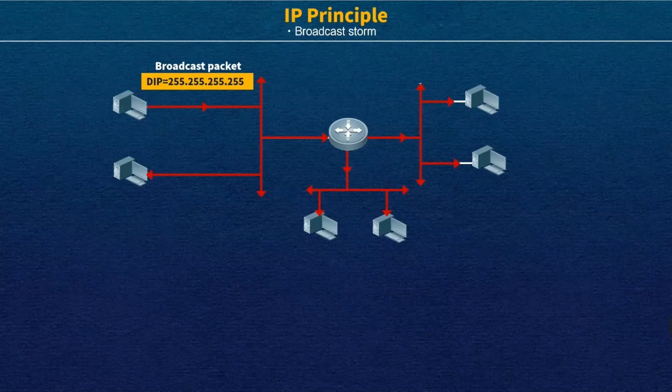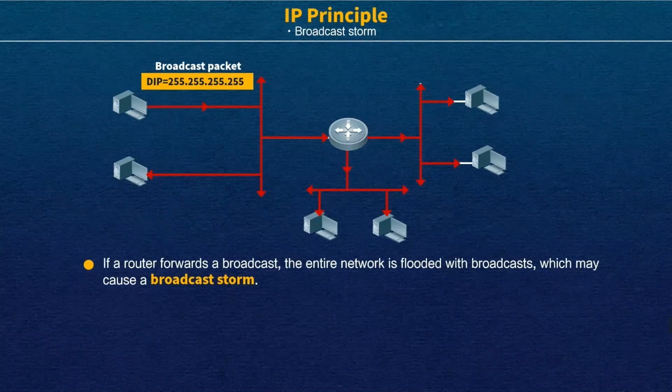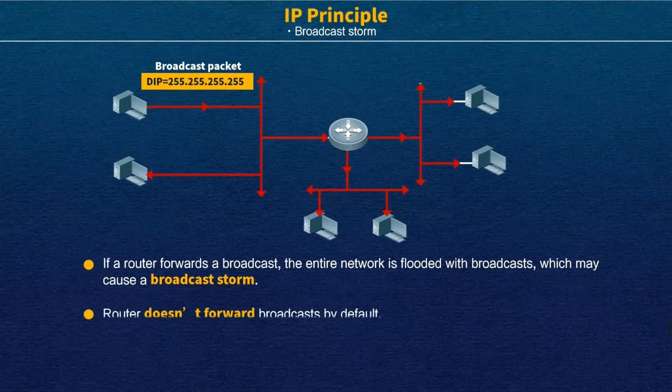In order to avoid the broadcast storm, by default, the router cannot forward the broadcast packets. Okay, so this is a default. If the router receives broadcast packets, it can give some reply.